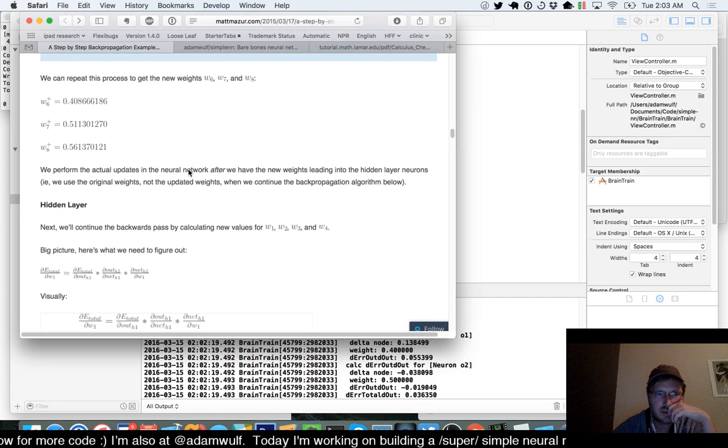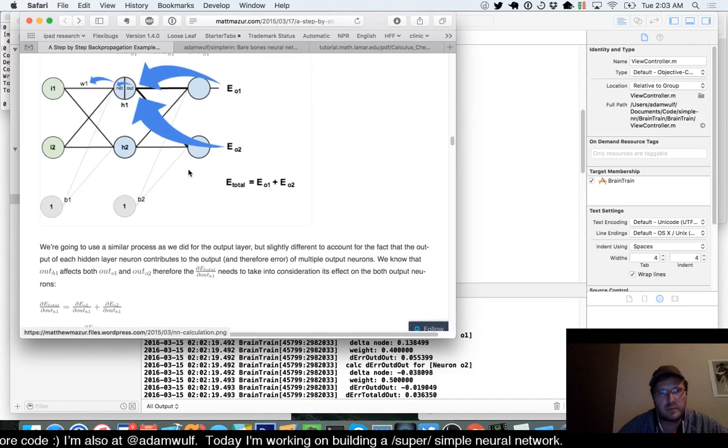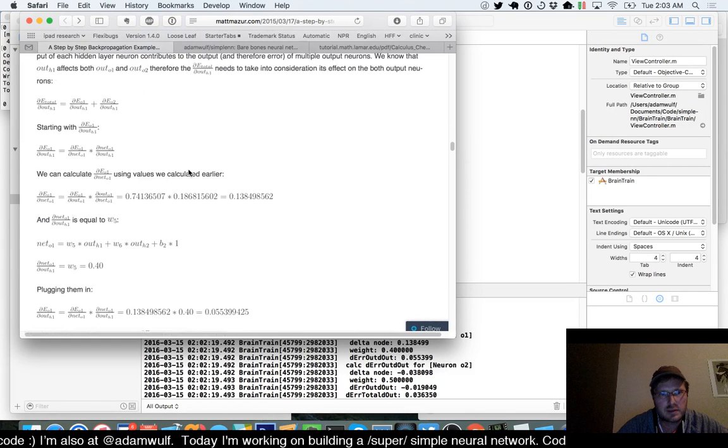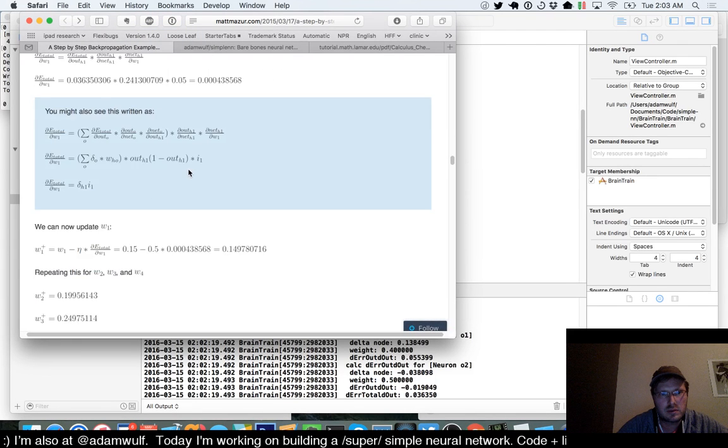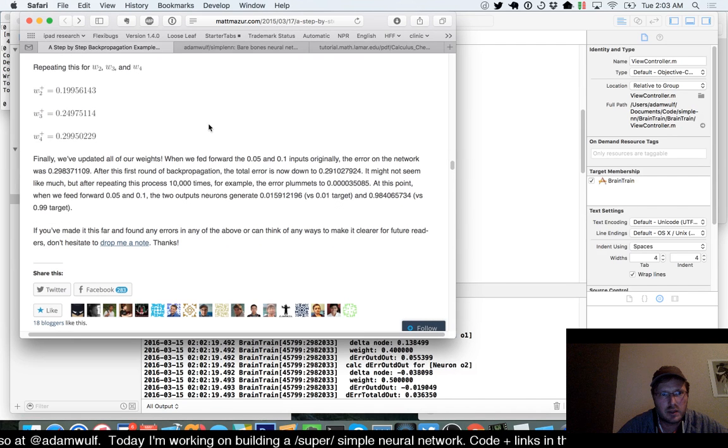So it changes the weights, but I don't think we can change the bias. At this point, when we feed forward 0.5 and 0.1 to outputs, neurons generate 0.01 and 0.98. If you made it this far and found any errors, drop me a note.